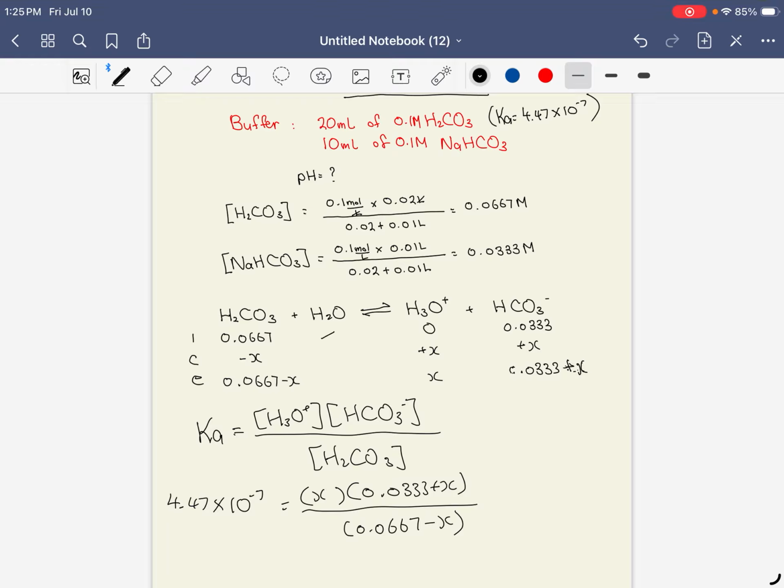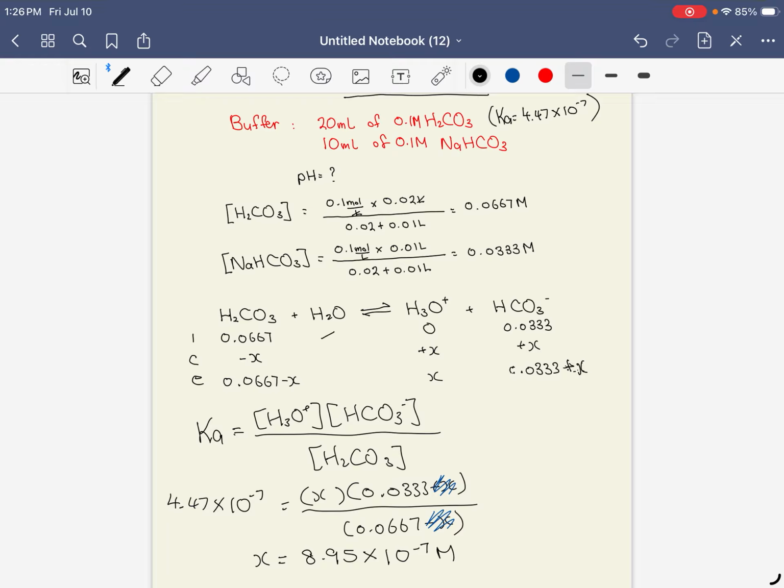If you apply the 100 rule, you'll notice that this and this will be gone. By doing that, you escape that lousy quadratic equation that everybody wants to escape from. And now we know that X is equal to 8.95 times 10 to the power of negative 7.